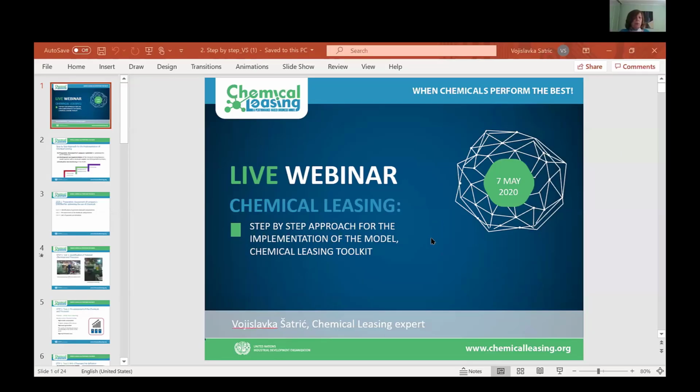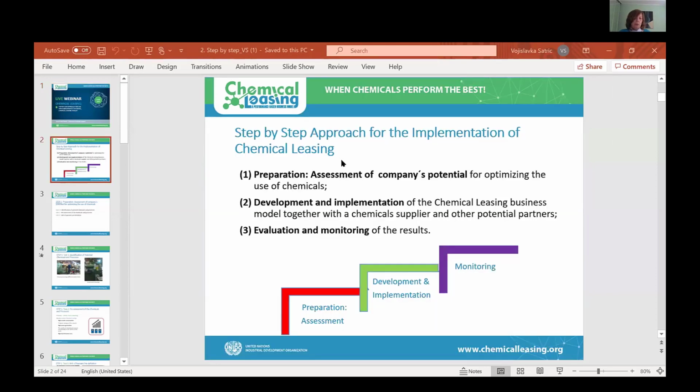I am going to tell you something about a step-by-step approach for the implementation of this model. What we did, we divided this process in 3 phases, or maybe 3 steps. First of all, we should know if a company can implement chemical leasing. That means assessment of company potentials for optimization of processes of chemicals.